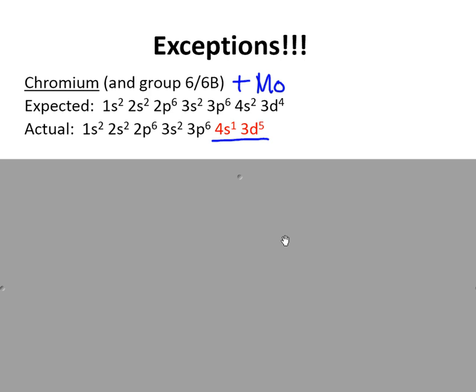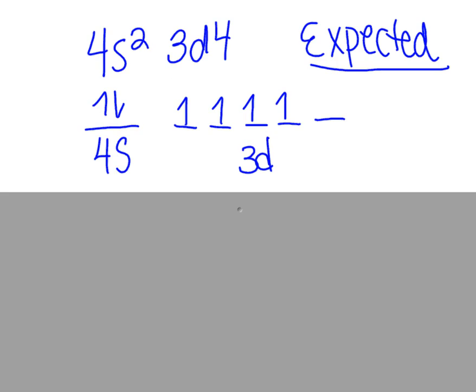So why does this happen? If we take a look, this is the expected configuration just with the last two orbitals. This one's for chromium here. So looking at this, this is what you might expect to see. But why does it actually end in 4s1 and 3d5?